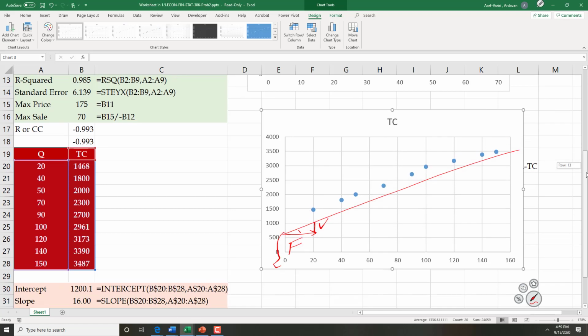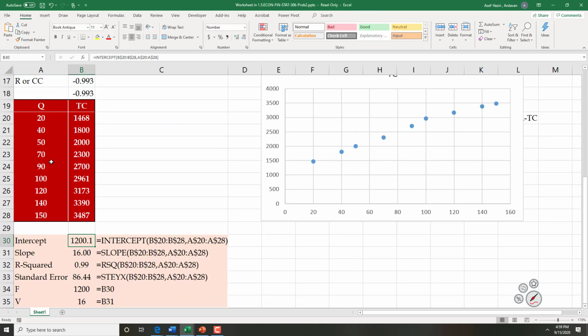Again, the same procedure, equal to intercept of Y's and X's, and I push F4 here, and over there also, and F4 here. Now my data is locked.